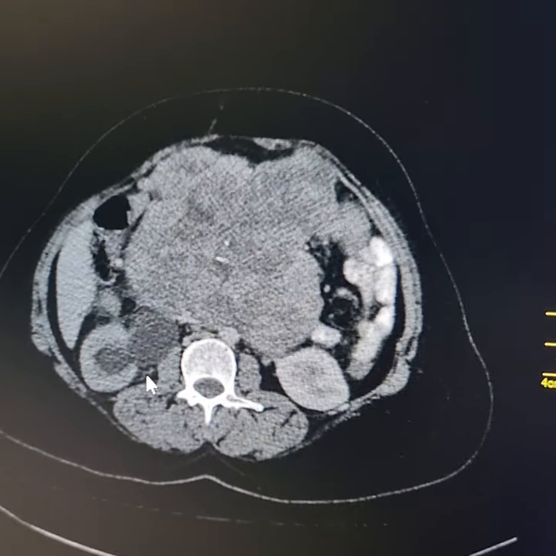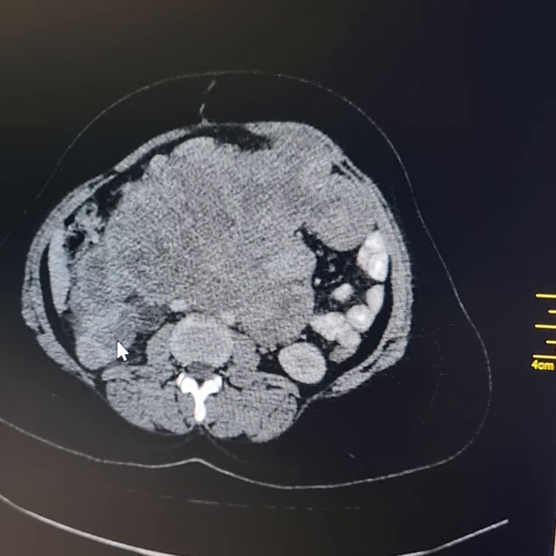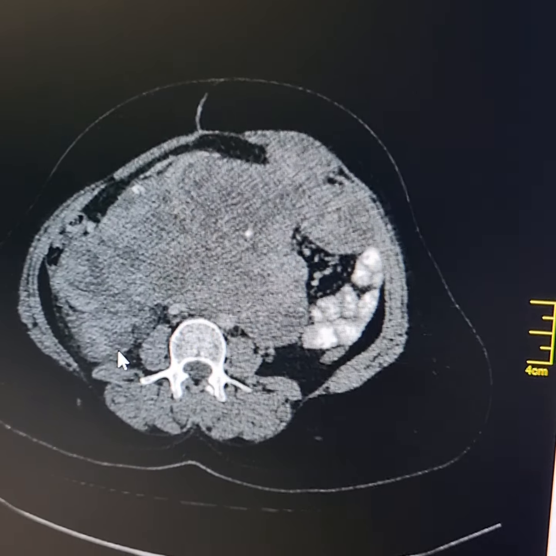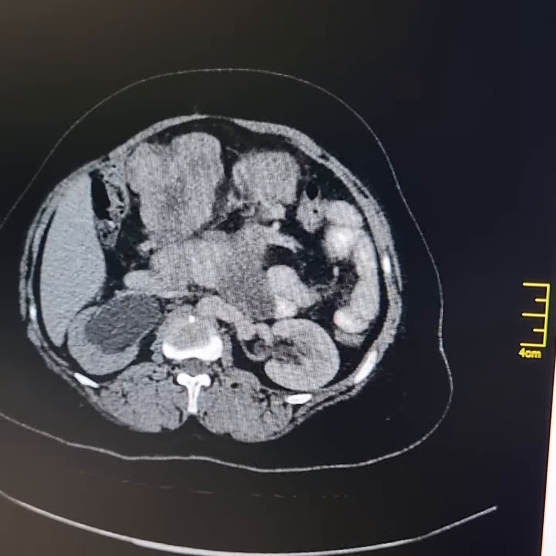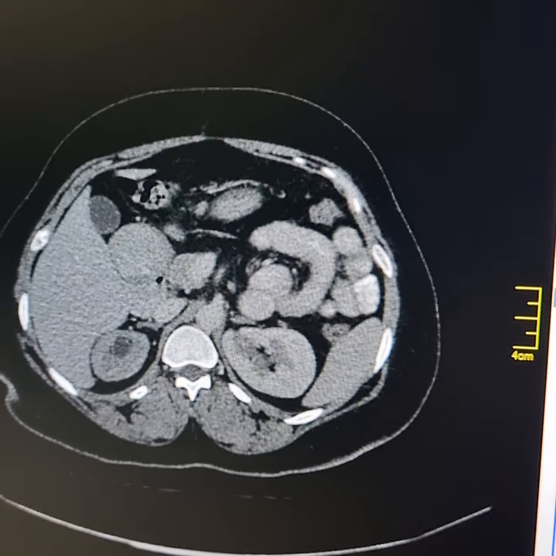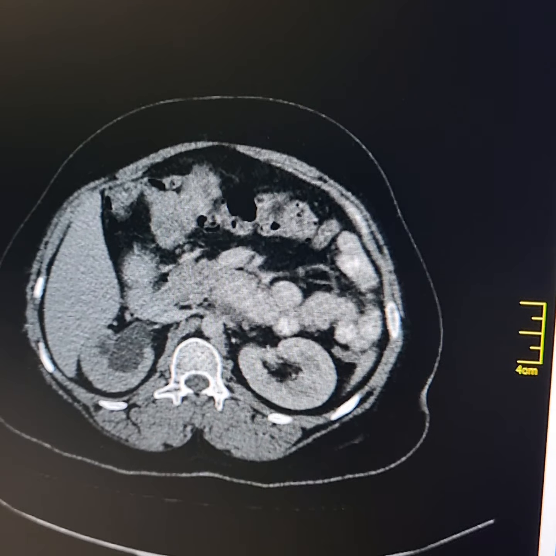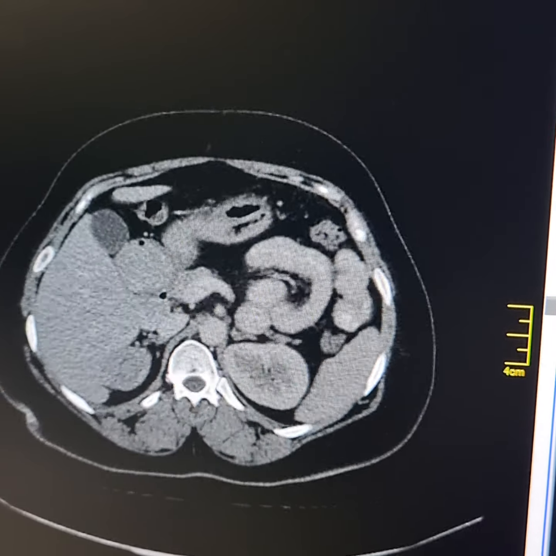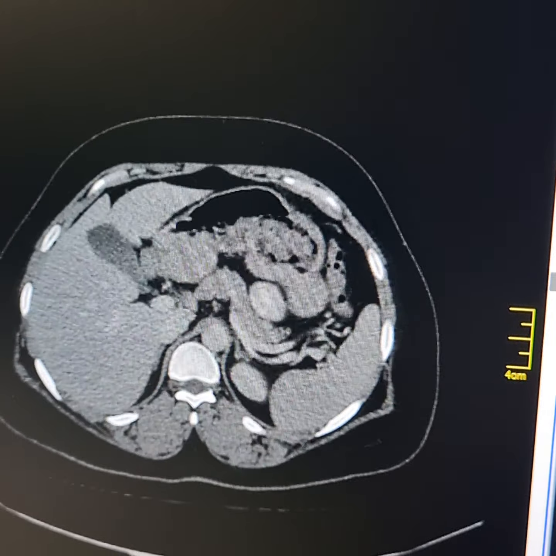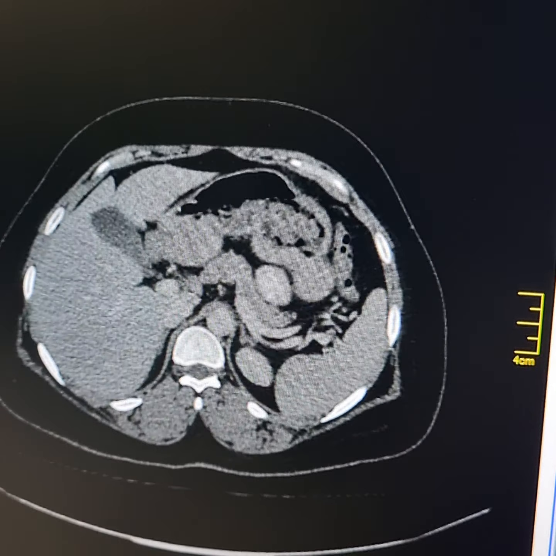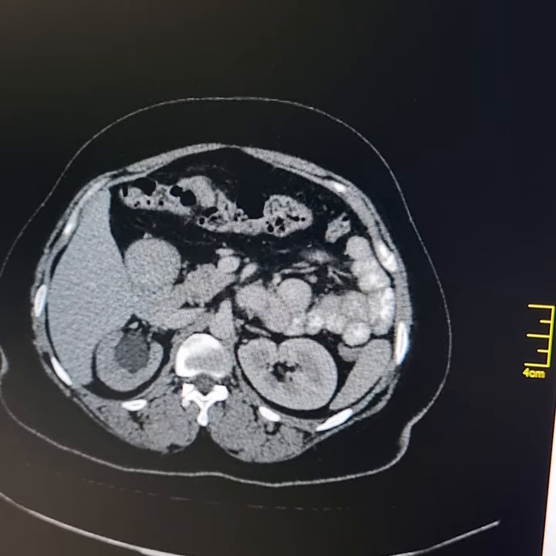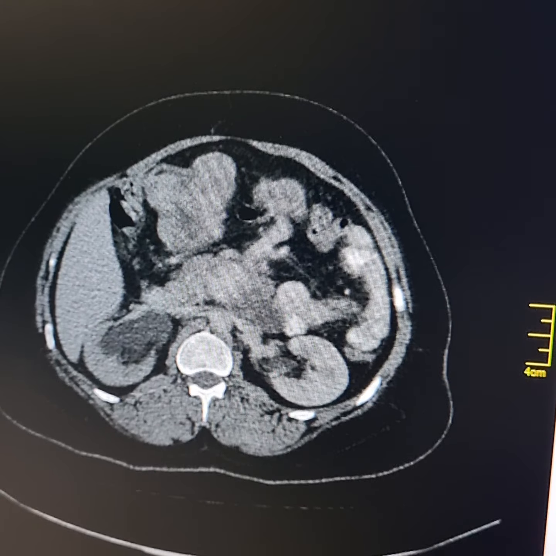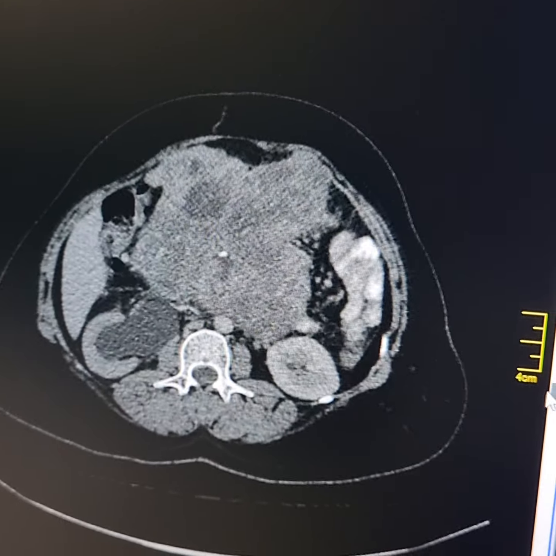Now, these are known retroperitoneal structures: kidneys, blood vessels, pancreas, and the second and third parts of the duodenum. So, any lesion which infiltrates these structures is most probably of retroperitoneal location.